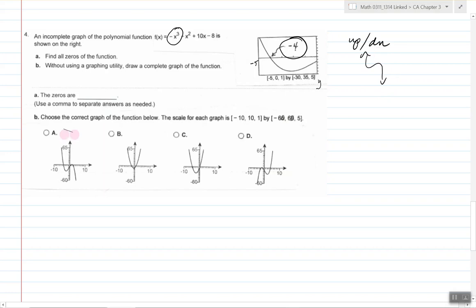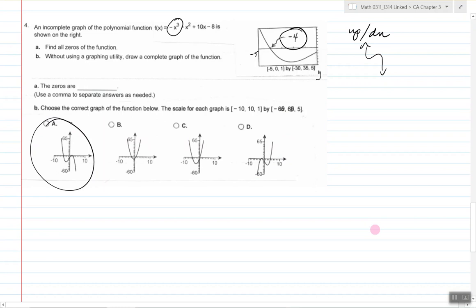Well, right away, when I get to it, I know this is going to be my choice. This is up, up, this is up, up, this is down, up. None of these could be right. But I'm supposed to also find the zeros. Now maybe they'll be visible in the grapher. If not, use the one that's given, x equals negative 4.